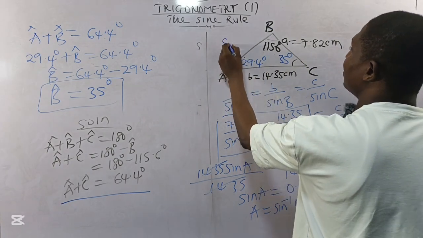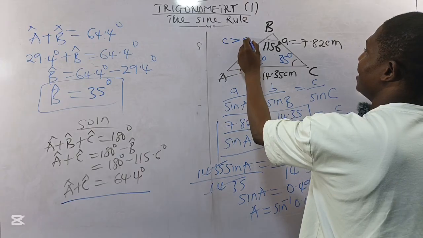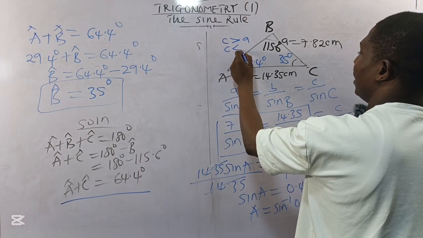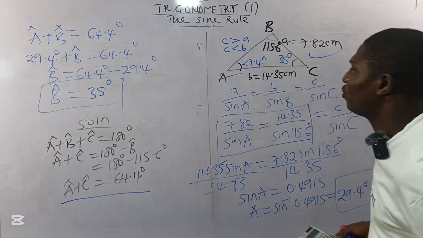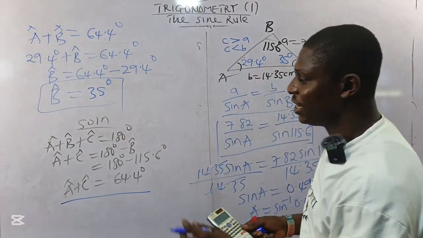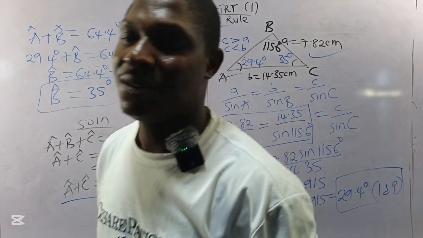So my C will be greater than A, and my C will be less than my B. And this is the solution to this because I was only asked to look for my angle A and angle C. Thanks.